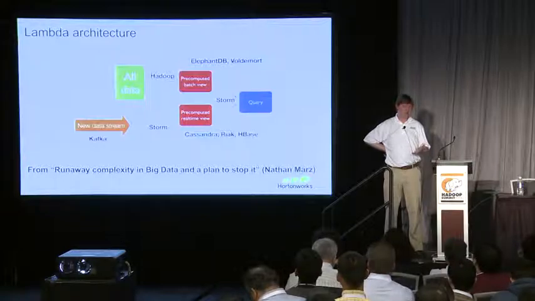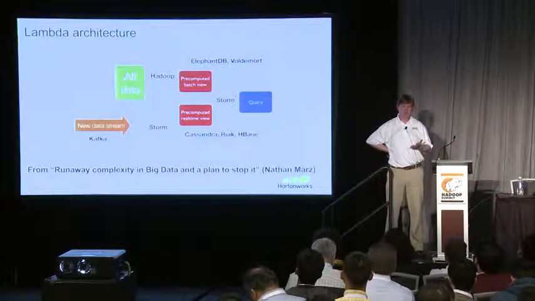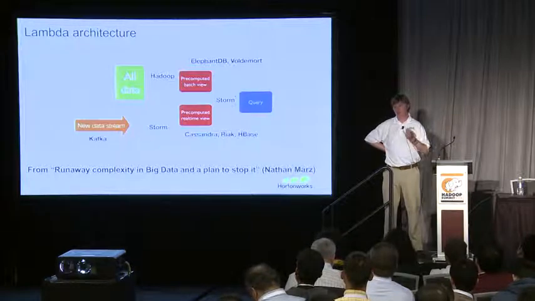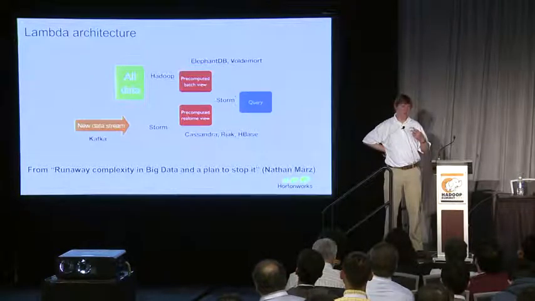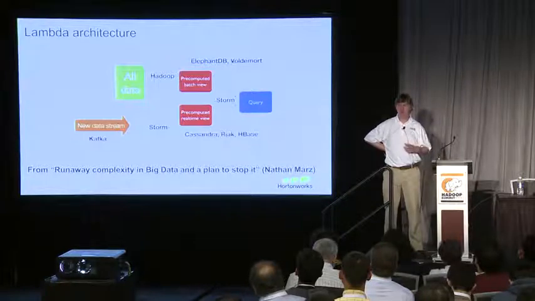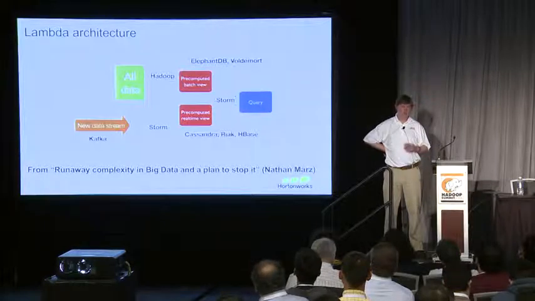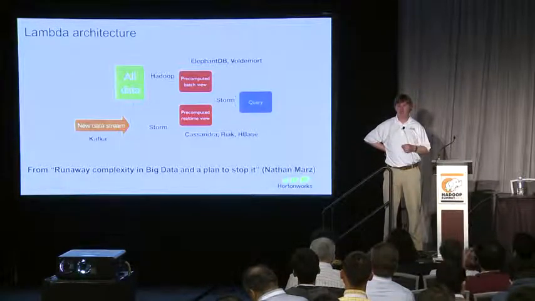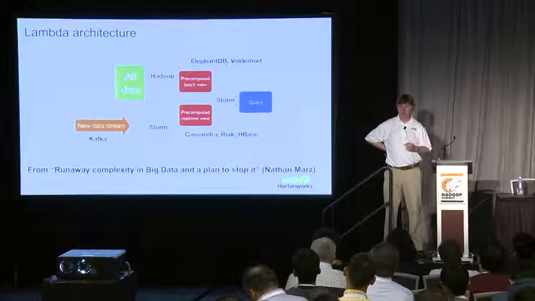He came up with this idea of creating views, using a batch job to create a materialized view that is a summary of the historic data, and using something like Storm to compute a real-time view that's continually changing, but still a summary of what has happened over the last period of time. And then integrating those through a query interface so the end user can't really tell whether they're looking at historic data or at recent data.